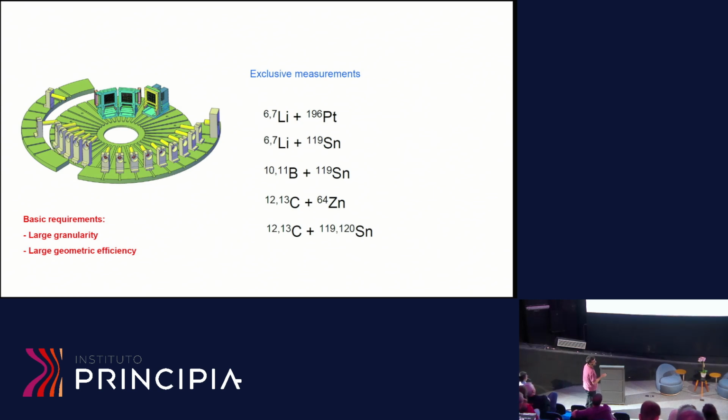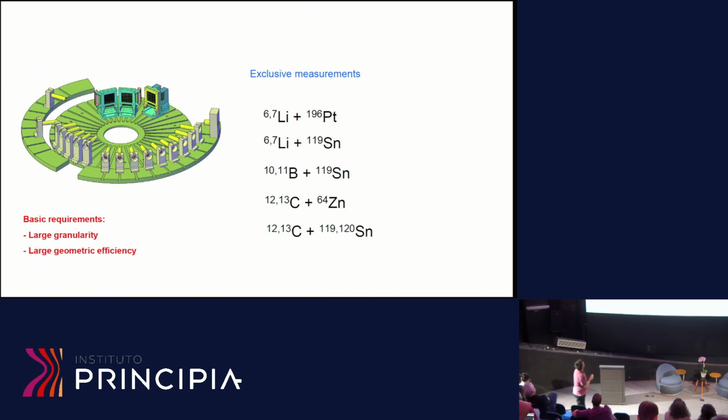What we have to do is to build a more powerful setup for this. So we need detectors which have large granularity, large geometric efficiency, and we want to have as many as possible. Right?